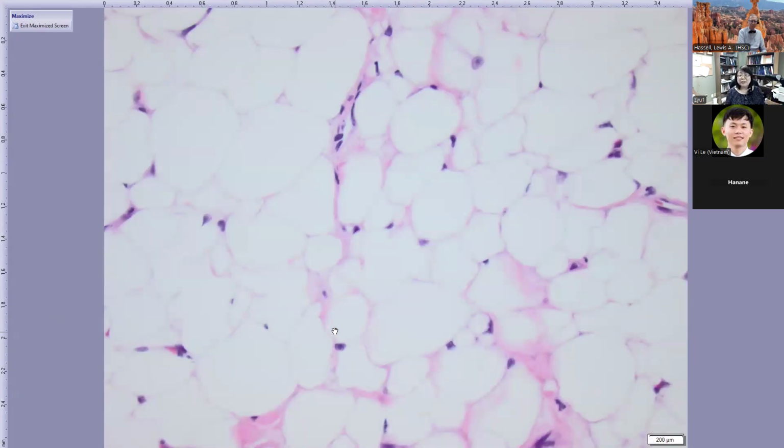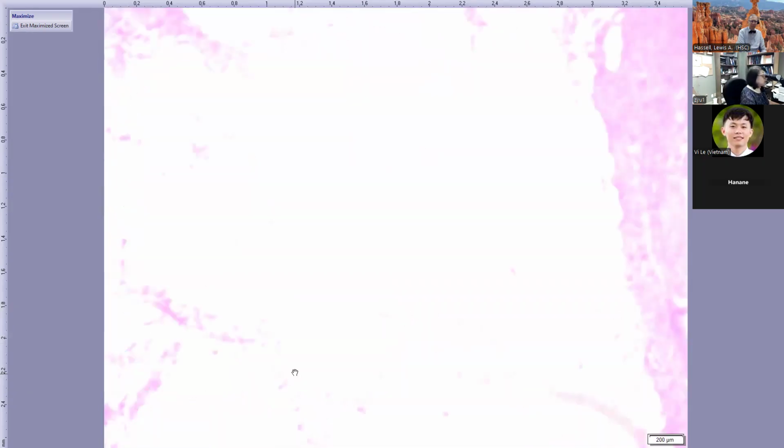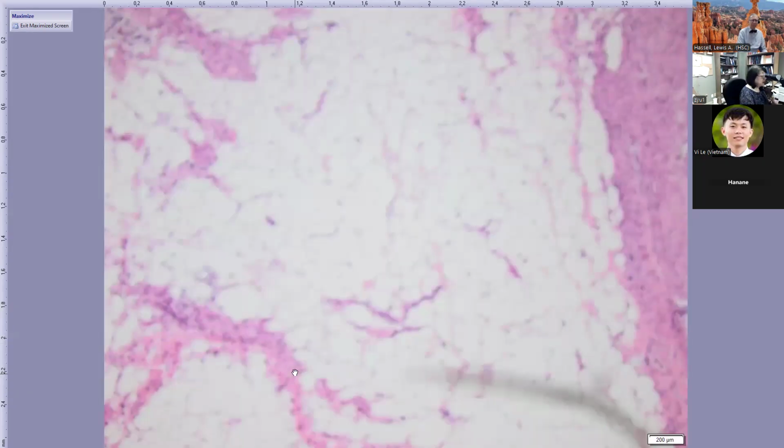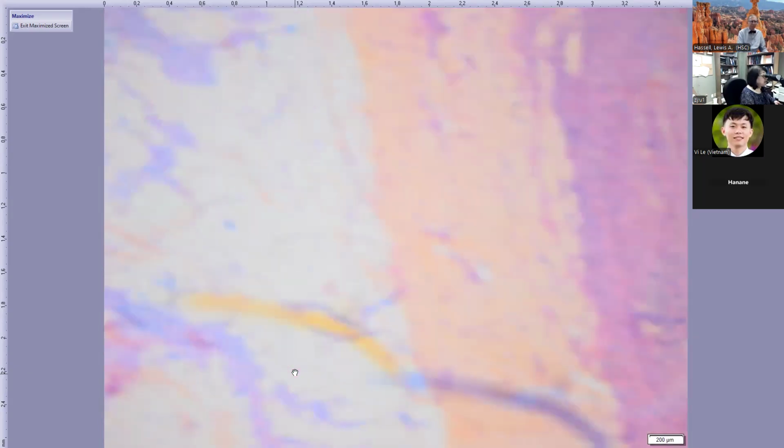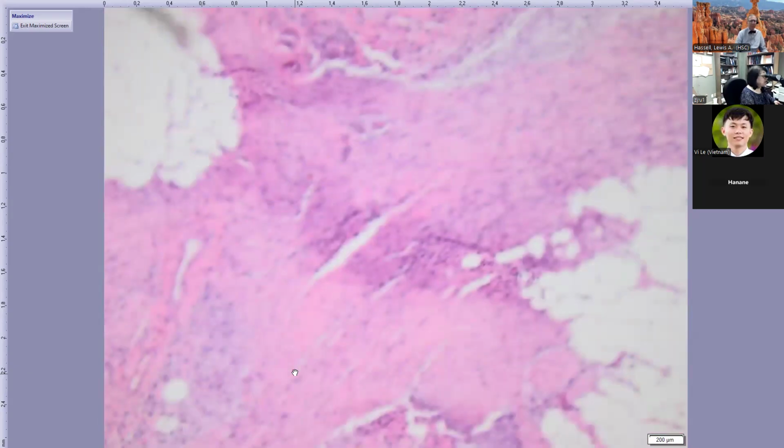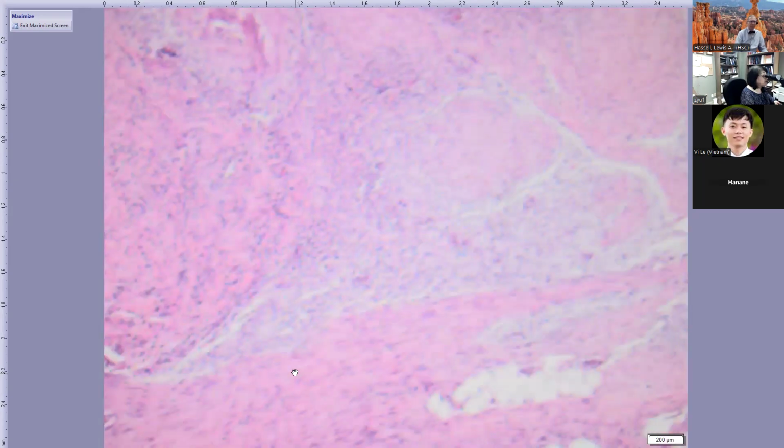The fat is mature, with nuclei on the edge, and there may be a few pseudolipoblasts, because of a little nucleus and cytoplasm here, but overall it's mature. So with this, we call it a triphasic tumor: it has fat, relatively mature myofibroblasts, and immature tissue.